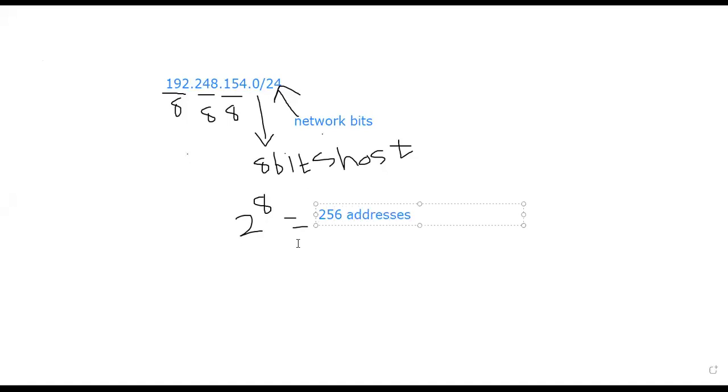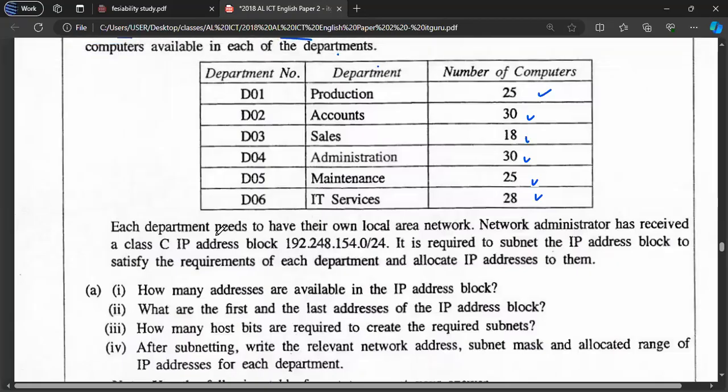Right, now let us move on to the next question. In the next one, they are asking what the first and the last addresses of the IP address block are. The first address is going to be this one itself.